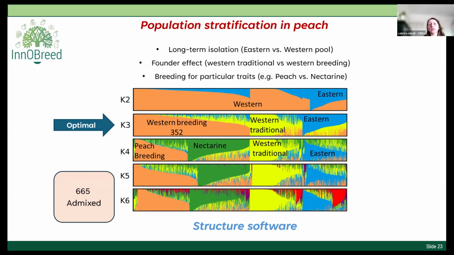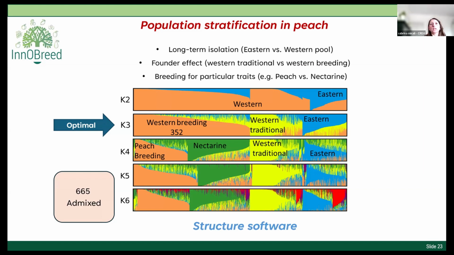Those are the two different types of fruits in peach, reflecting the separation between the breeding of the peach type and nectarine in the breeding history of peach.